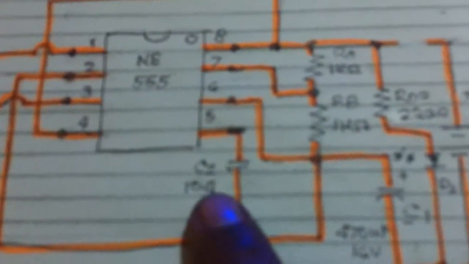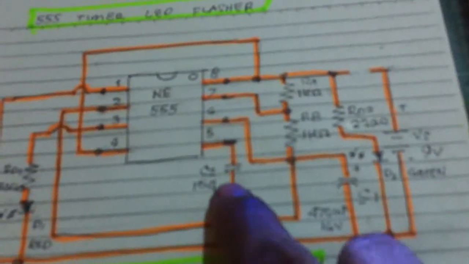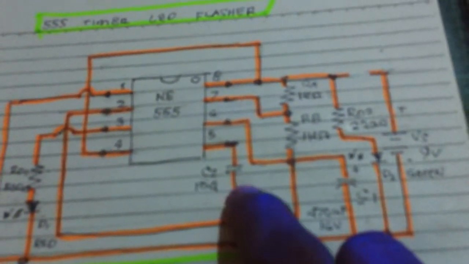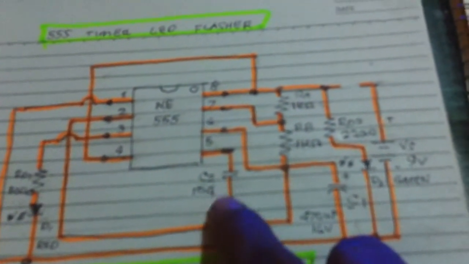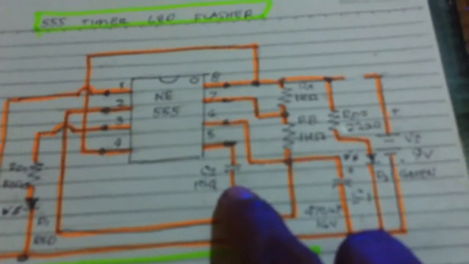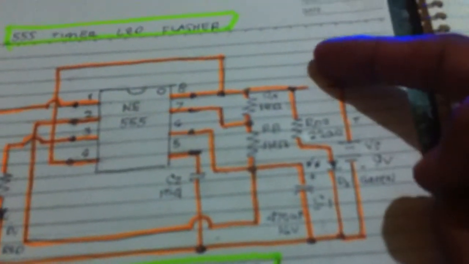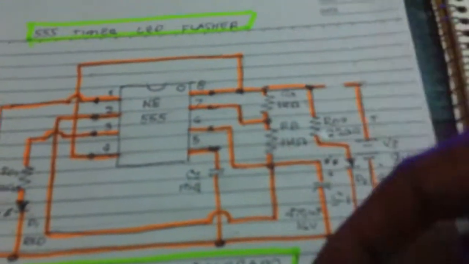And here we have C2, 104. The purpose of this ceramic capacitor 104, or 0.1 microfarad, connected to pin 5, is to stabilize the circuit, because once you switch the power on, there's a voltage source here.